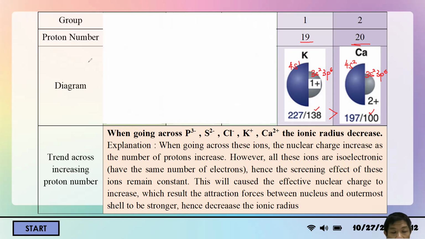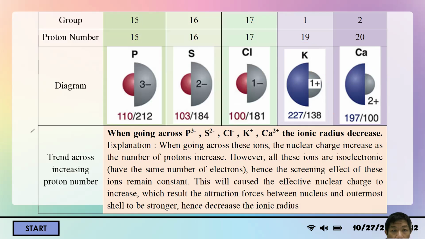So now we have separately seen the effects of the ions from different groups. When we compare overall from phosphorus to sulfur to chlorine to argon, as we already witnessed just now, all of them have the same valence electrons, which is 3s2 3p6 for all these ions.